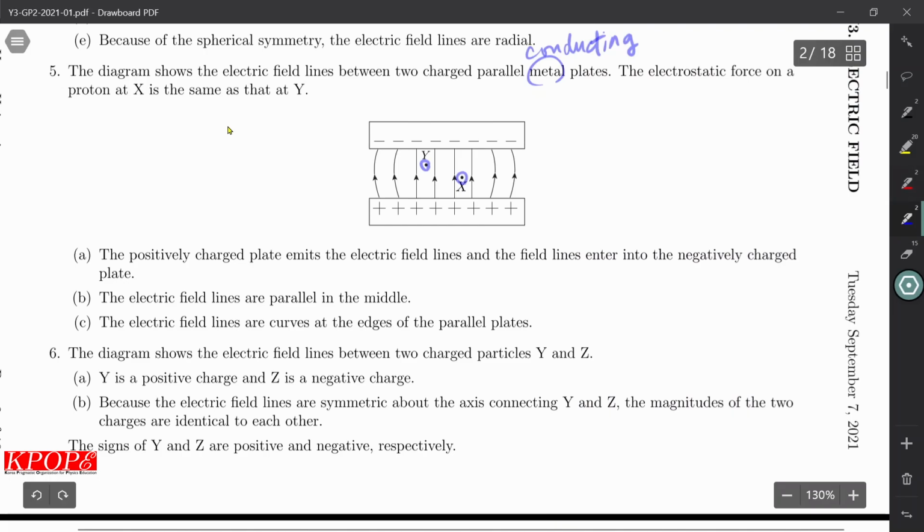You find the spacing of the electric field lines are uniform. So here and here, the electric field E is uniform. However, this is curved.